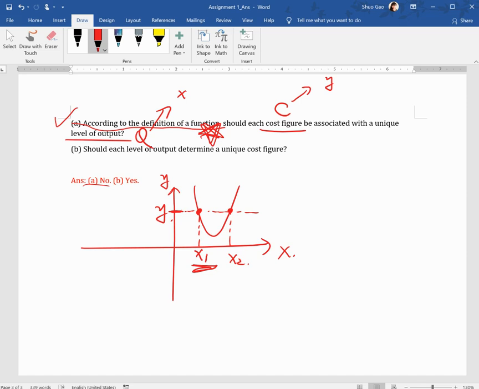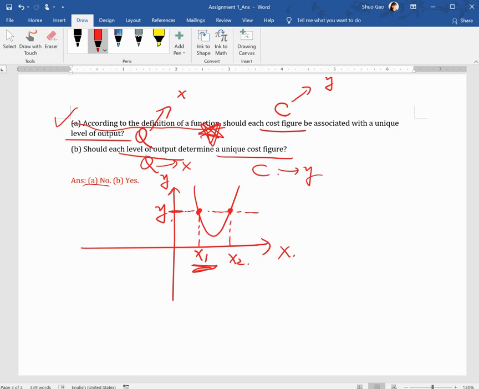Okay. And question B, should each level of output, that's Q, determine a unique C, right? As I said, Q is x, C is y. So this question means, should each x determine a unique y?